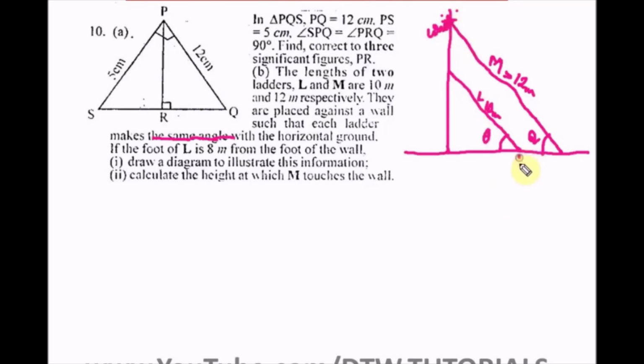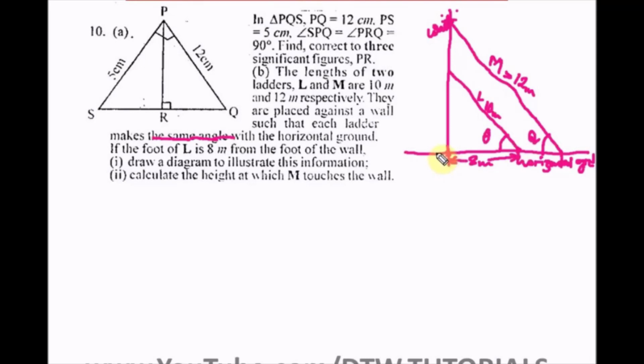This is the wall, this is the horizontal ground. Since it says draw the diagram, the diagram takes marks. So every detail, please make sure you put them. So from here to here is 8 meter.